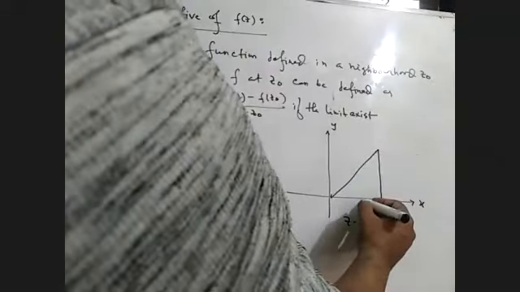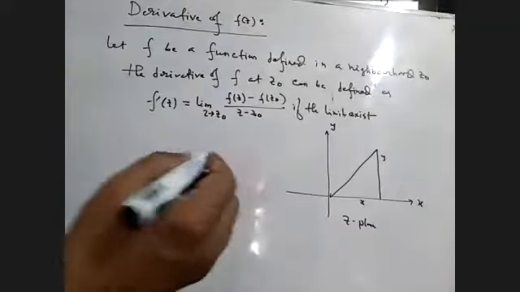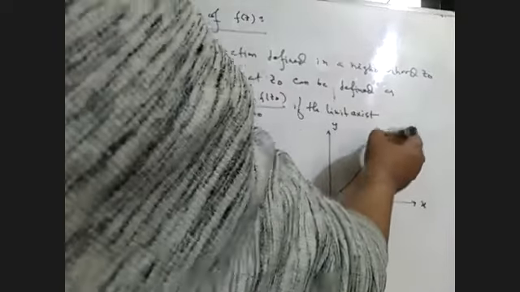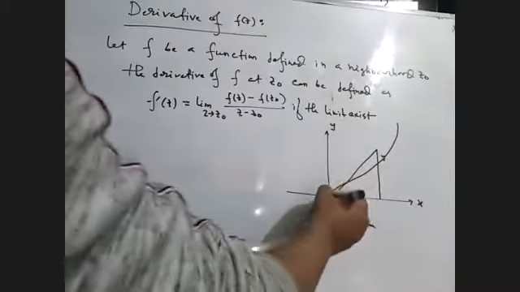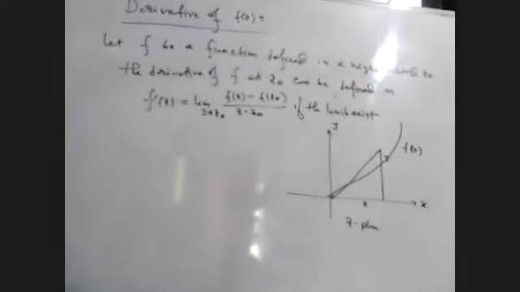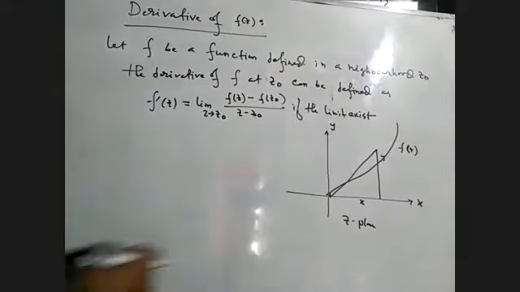This is the x, and here this will be length y, then we get a point P. Suppose there is a curve. This is the f of z curve.